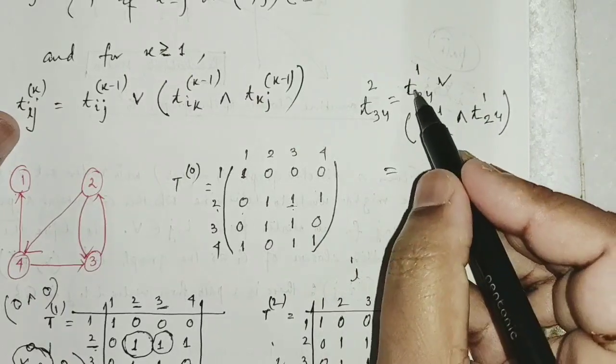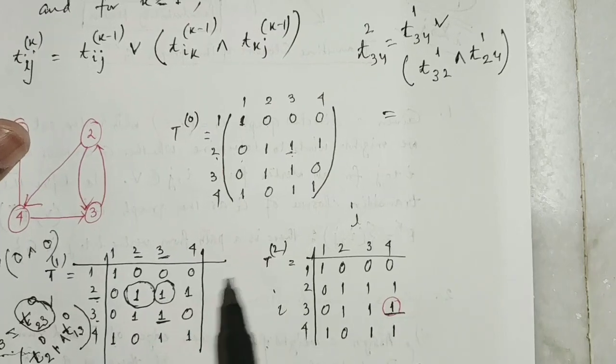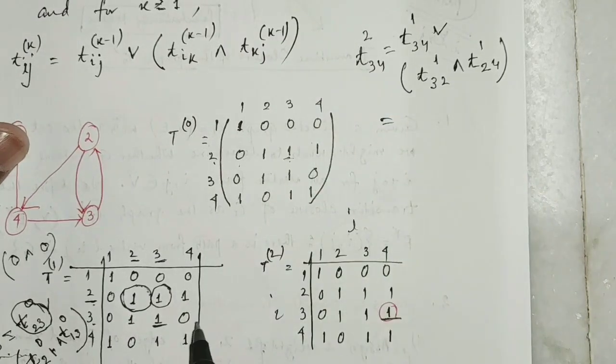Okay, so what about T1 of 3, 4? T1 of 3, 4, it was 1. Okay, I'm sorry, very sorry. T1 of 3, 4, it was 0.